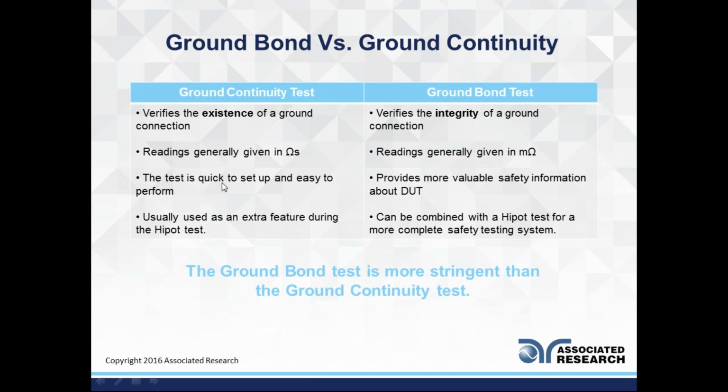Ground continuity is a quick test to set up and easy to perform, usually done in manufacturer settings. I think when manufacturing or in production, time is an issue. So a lot of our instruments provide ground continuity and high pot done at the same time. And we also have interconnect features where you can do ground bond and high pot at the same time.